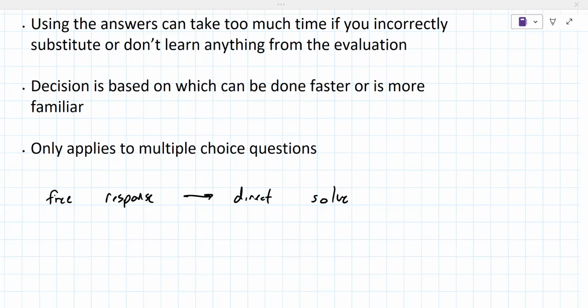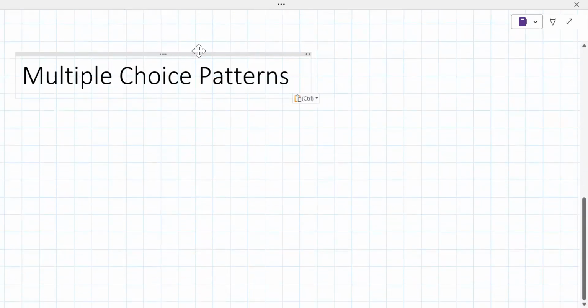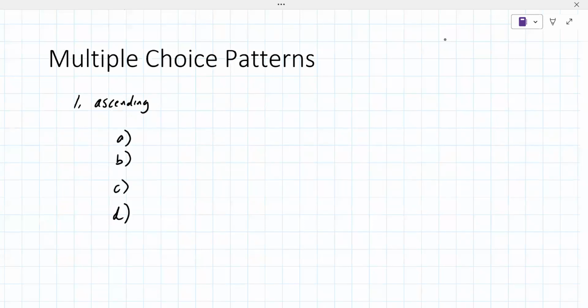So let's talk about what you might see when you're looking at the multiple choice. There are a couple of different types of multiple choice patterns that you should be on the lookout for. The first pattern is ascending order. Ascending order would be like this: 3, 4, 5, and 6.